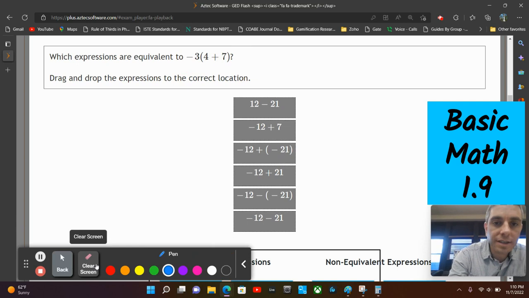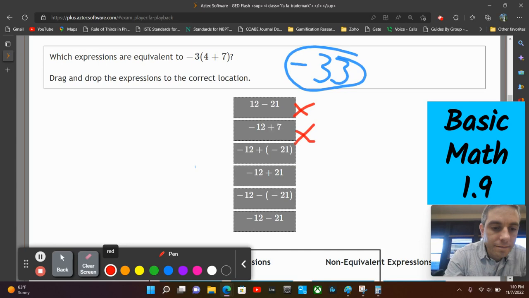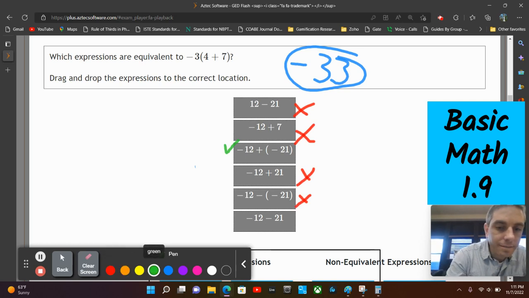So this is actually equal to -33. 12 minus 21, nope. -12 plus 7, nope. -12 plus -21, that is good. -12 plus 21, nope. Negative 12 minus negative 21, nope. Negative 12 minus 21, yes.